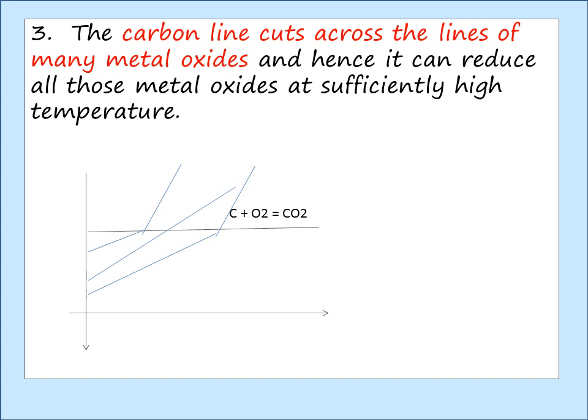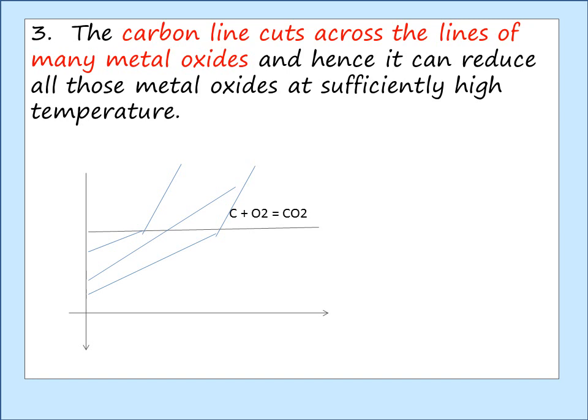If you observe this graph, there is a straight line which indicates the formation of carbon dioxide from carbon. It is called the carbon line. Only that line in the Ellingham diagram is straight, parallel to the x-axis. All other metal oxide lines are slanting.